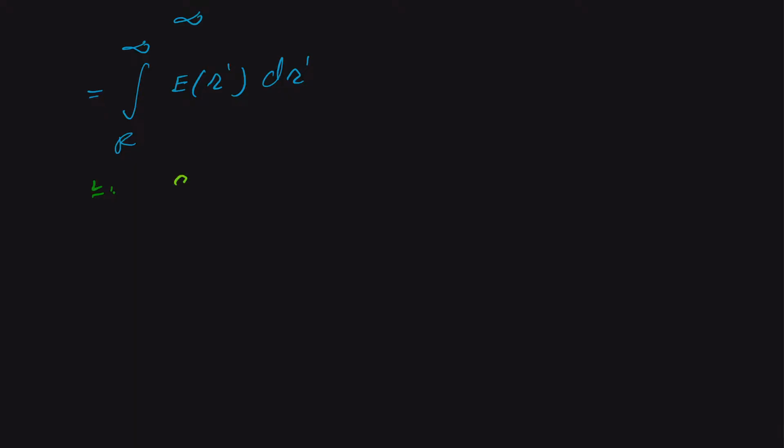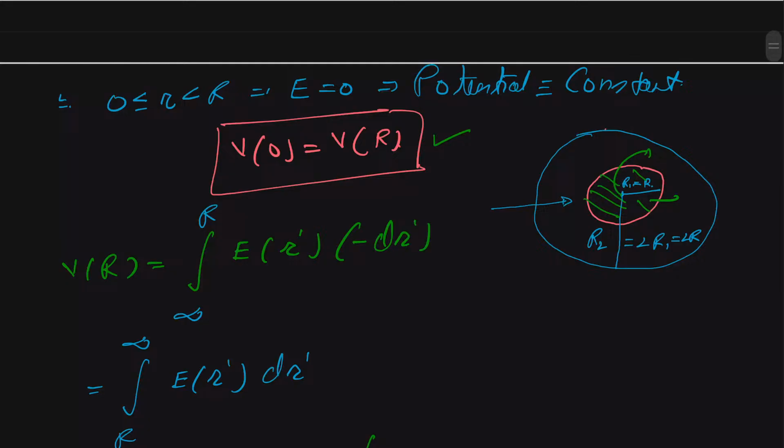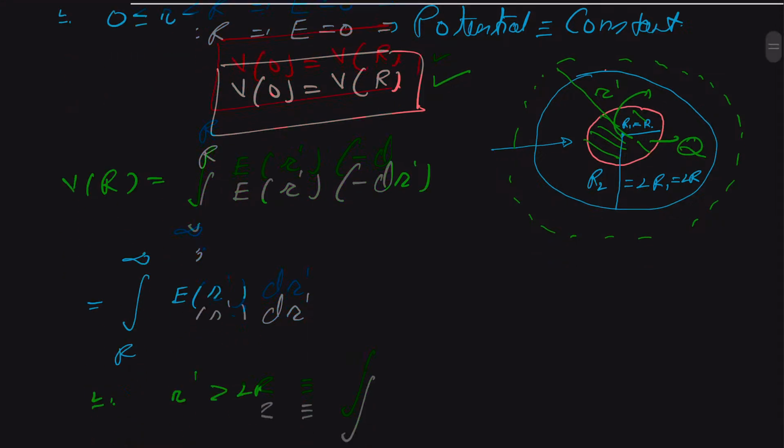So we have a region r' that is greater than 2r. For the Gaussian surface of radius r', somewhere here, the entire charge will be enclosed by the Gaussian surface, which is equal to q.